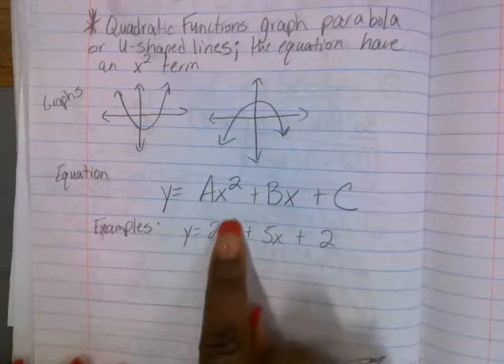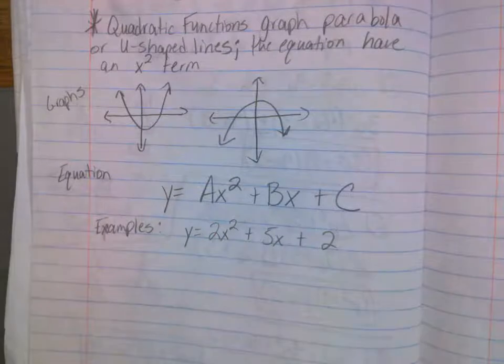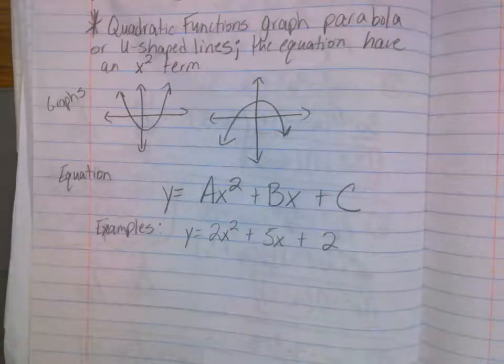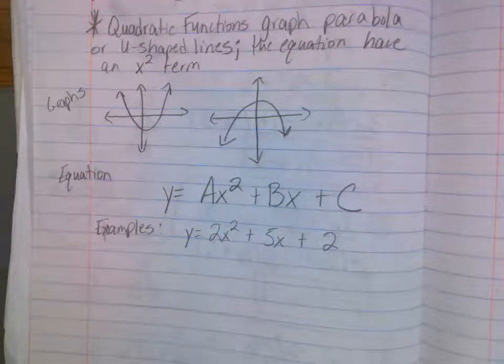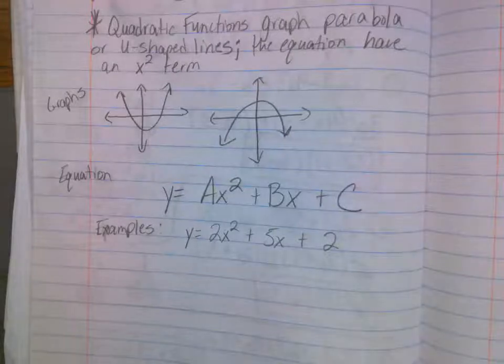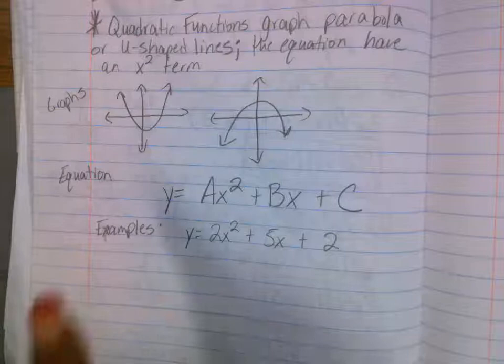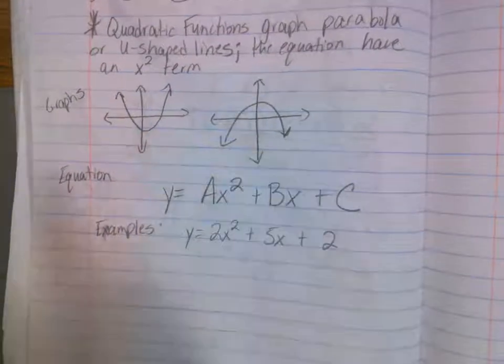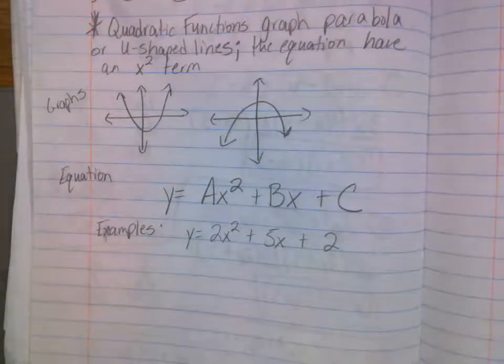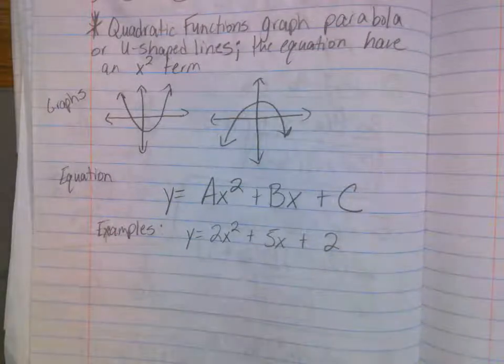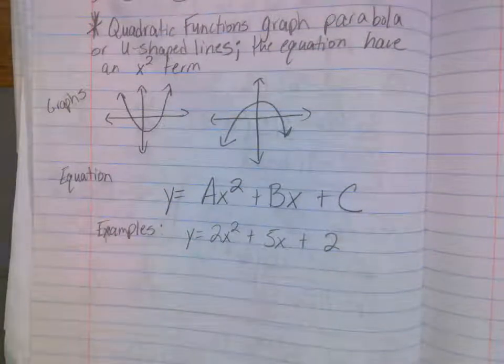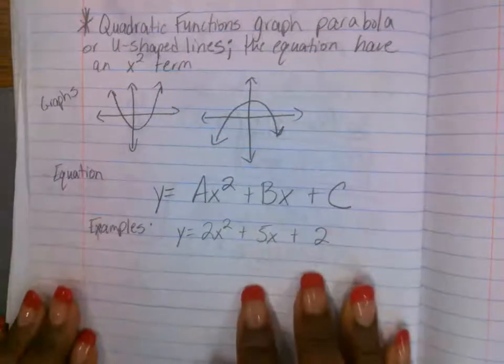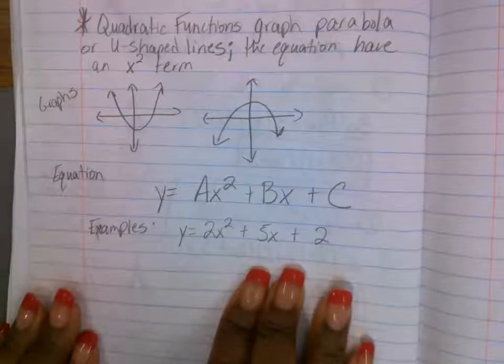If it doesn't have x to the second power, it is not a quadratic function, okay? It's another kind of function, but it's not quadratic. Quadratic functions graph either an upward U or a downward U, not a sideways U, okay? But either upward or downward. That's it. Okay. Any questions about that?